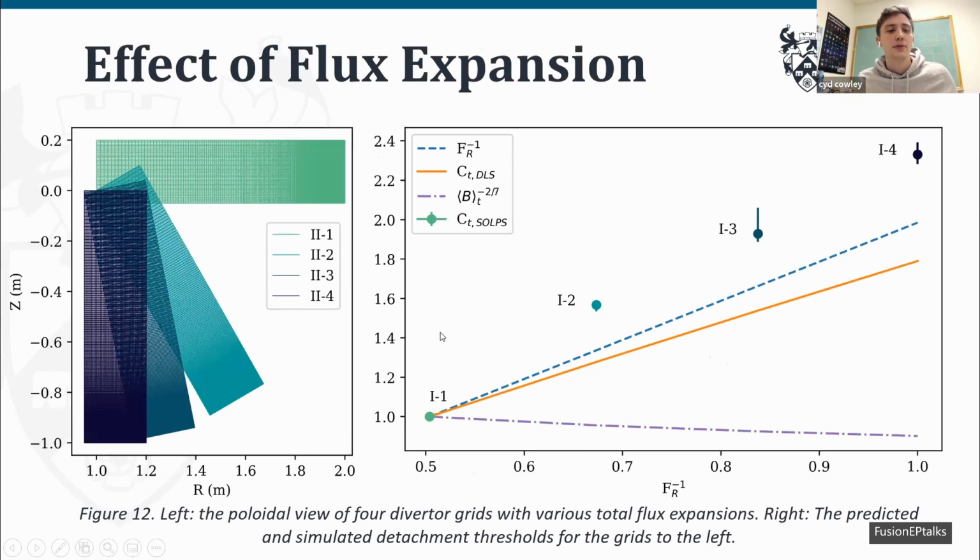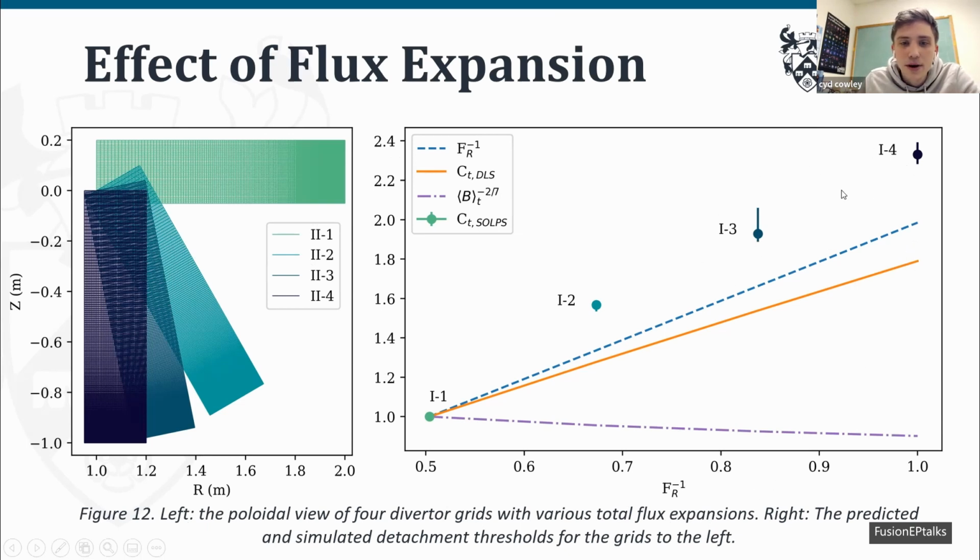Similarly, we ran simulations looking at flux expansion. So we take identical boxes and we rotate them so that the target magnetic field is different in every case. So we get higher and higher flux expansion going from 4 to 1. Now, the relationship predicted by the DLS model is this sort of linear relationship between ease of detachment access and flux expansion to the -1.